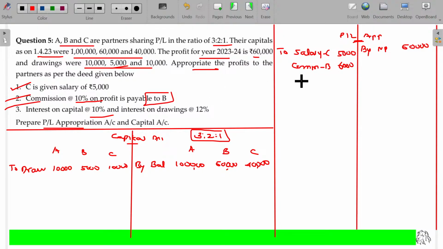Interest on capital at the rate of 10% for A, B, C. On their capital, you have to calculate 10%. So for A, 10,000, B, 6,000, C, 4,000.